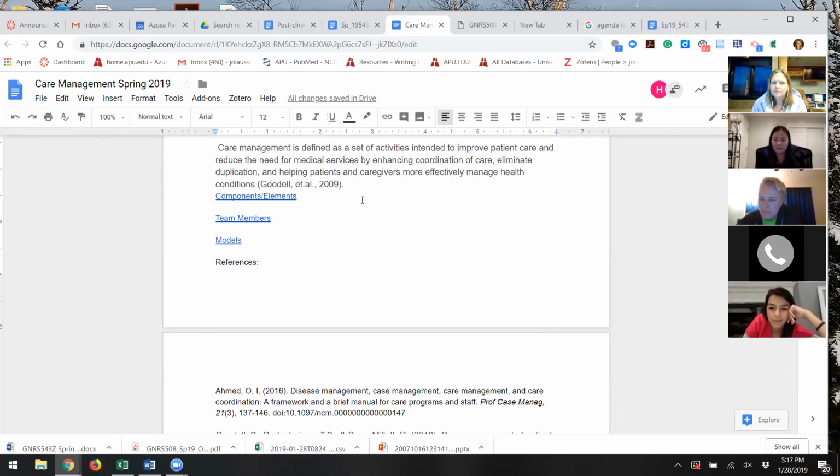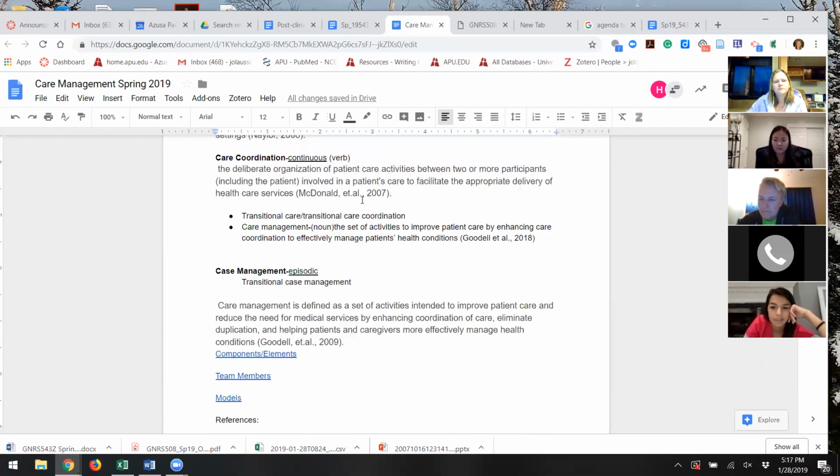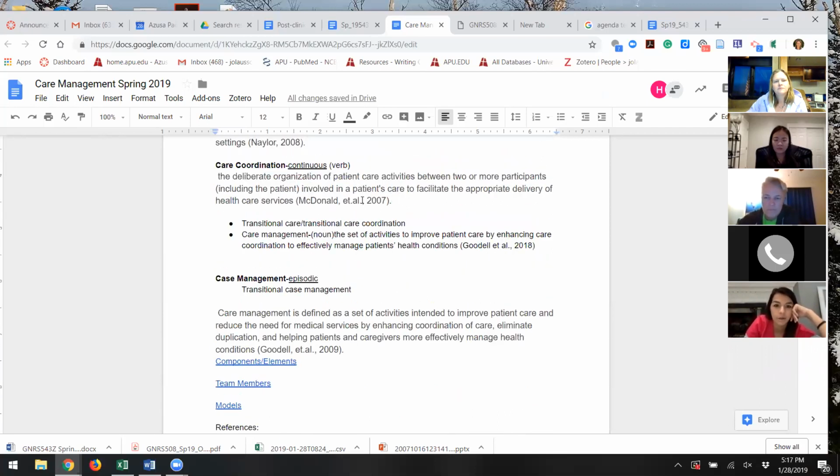My thought was care coordination would be something like, as a bedside nurse, coordinating with PT or OT at the bedside to make sure the care is managed for feeding or activities of daily living and things like that. And then care management is the overall management of the patient to make sure things aren't done twice, or just make sure that everything's smooth during that stay. Would that be correct?